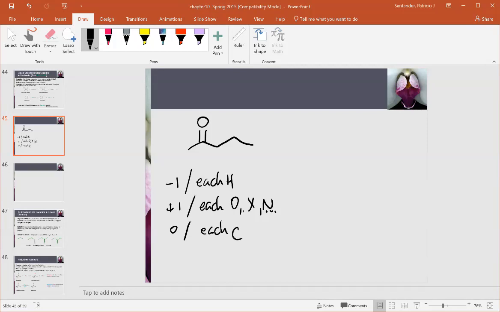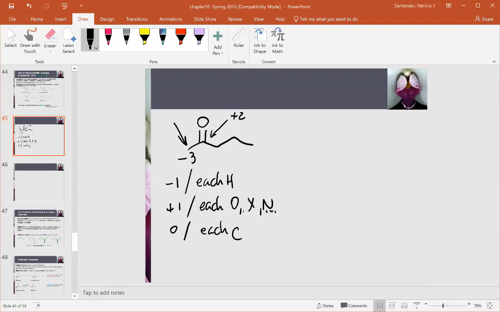So that means that the oxidation state for that particular carbon atom will be what? We have 3 attachments to hydrogens, so that will be -3. That carbon atom there, we have 2 attachments to oxygen and a couple of attachments to carbon, so the number will be +2.